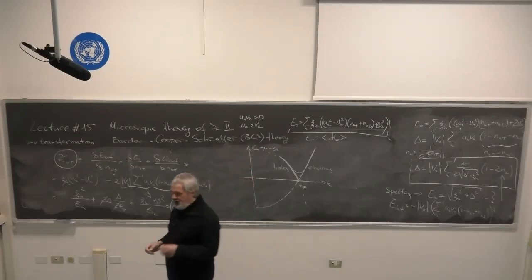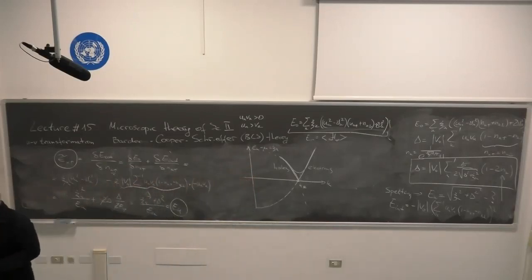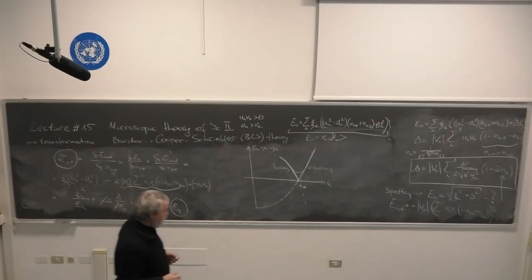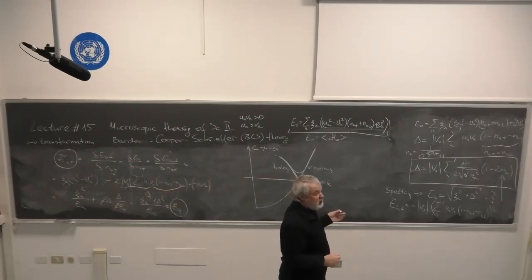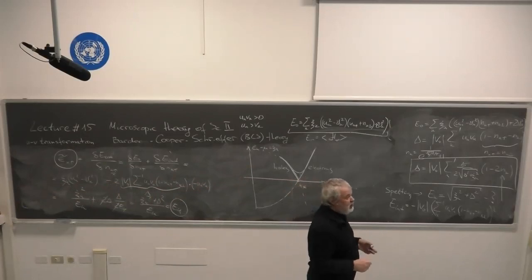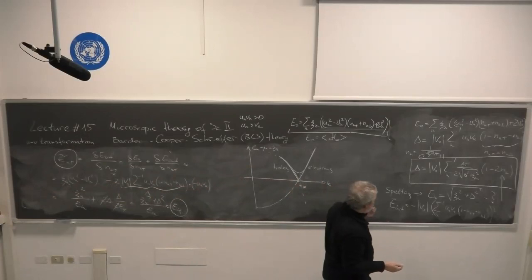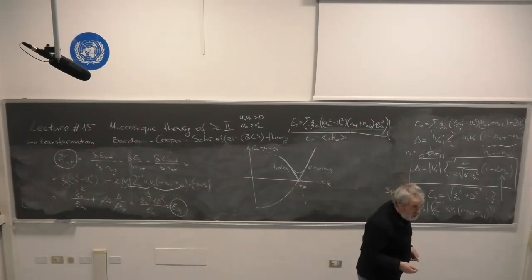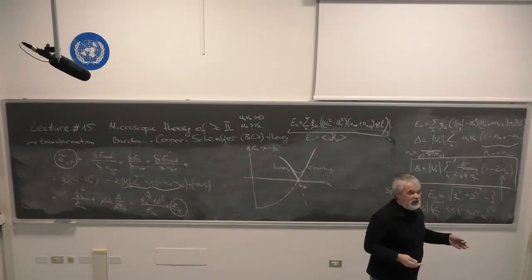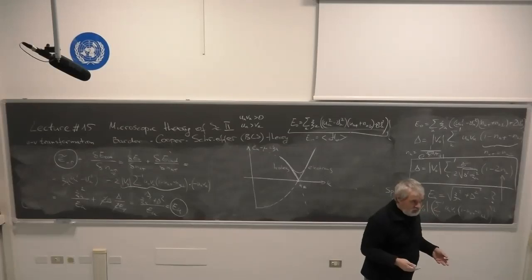So the spectrum of my excitations is gapped, and as you will see in the tutorial on Monday, this gap is one-to-one related to the Ginzburg-Landau order parameter, which is the wave function of the Cooper pair. Let's now find what this gap is equal to at zero temperature, what the critical temperature is, and how the order parameter, which is delta, depends on the temperature.